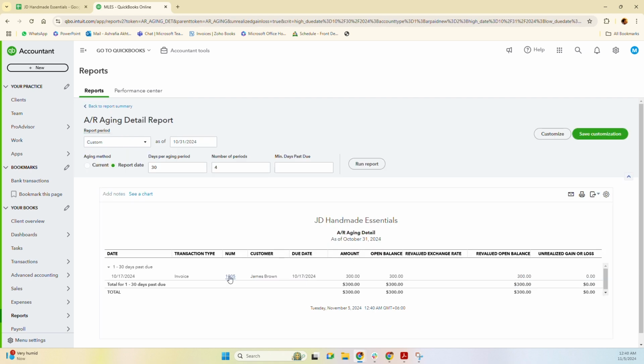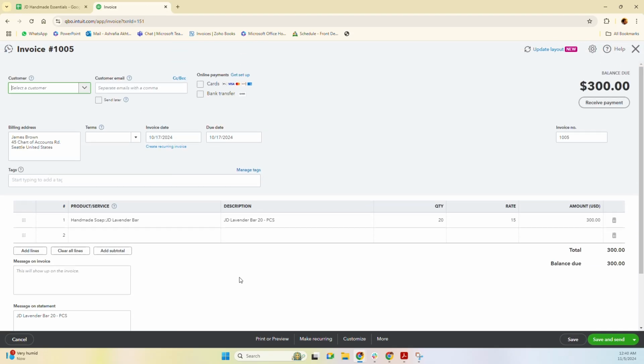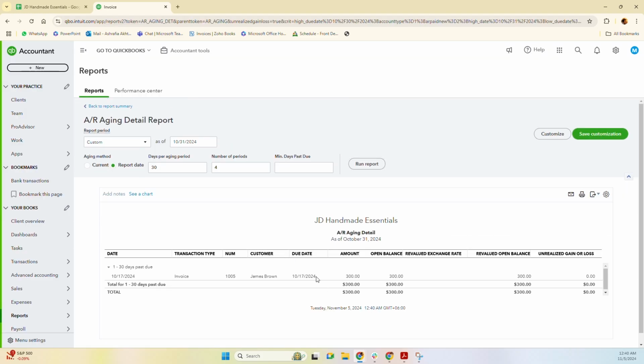This is one invoice, invoice number 1005. Let's go there. Yes, this was due on October 17th, but we never received this payment, so this one is overdue by, as of today, almost 20 days. So this is our AR summary.